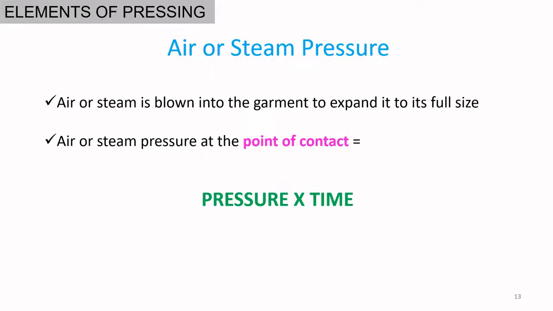With one blow of steam, you are able to press the two legs of the trouser. In this case, a certain amount of pressure is exerted, and we apply it for a certain amount of time, which can do our job of pressing the trouser legs. So that is the way of applying air or steam pressure.